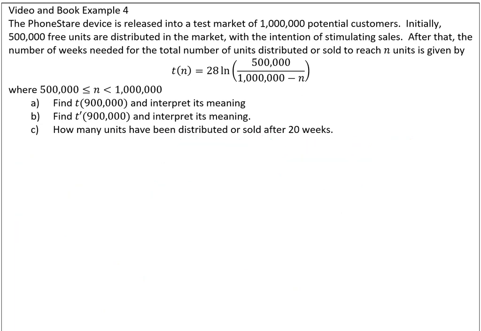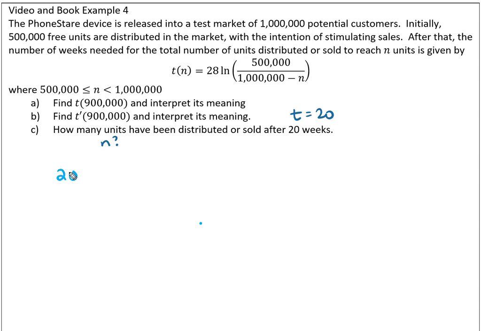For part C, it asks us how many units have been distributed or sold after 20 weeks. Now 20 weeks is my value of t. And then it says find out n. And so to do this, we need to set our equation equal to 20 and then solve for n.